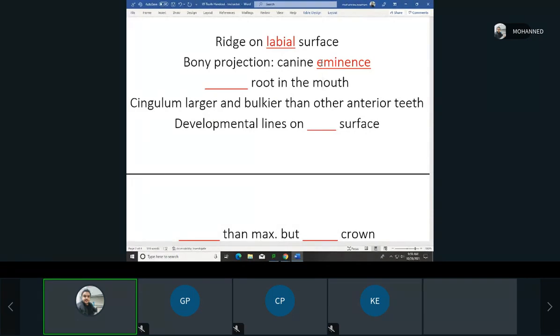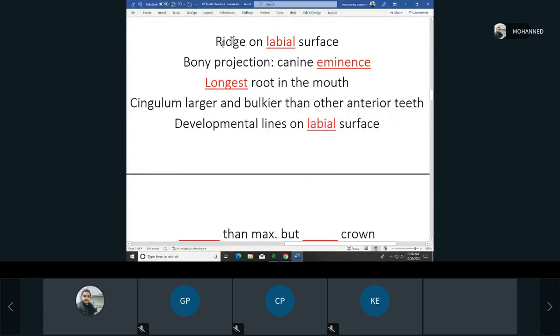Again, because of the way it is located in the arch, in the corner, and how long the root is, it actually gets the bone to bulge a little bit to make that projection, which we call the canine eminence. This is the longest root in the mouth. The cingulum is larger and bulkier than other teeth, and we have developmental lines.